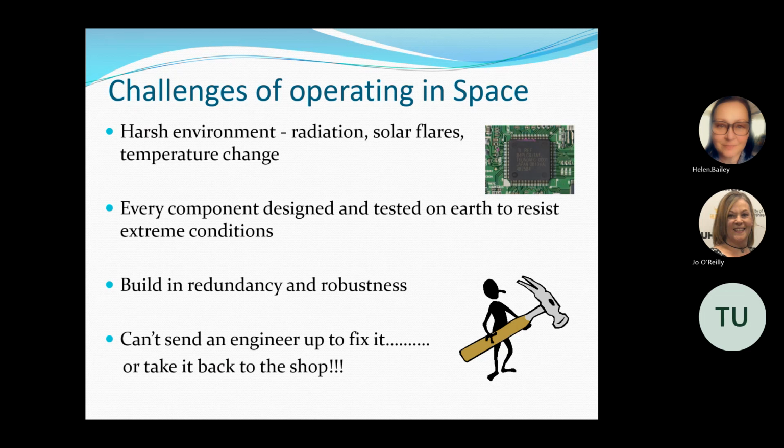Those are the extremes of temperature, but in space, the temperature range can be much bigger. So we have to do a lot of work thinking about all our components, our chips, as to how we can test them on Earth to show that they'll last and that they'll be able to cope with a space environment. The other thing we need to think about is building in redundancy and robustness.